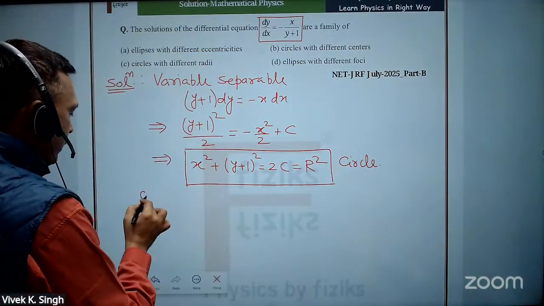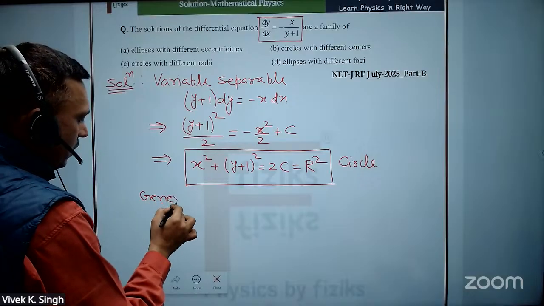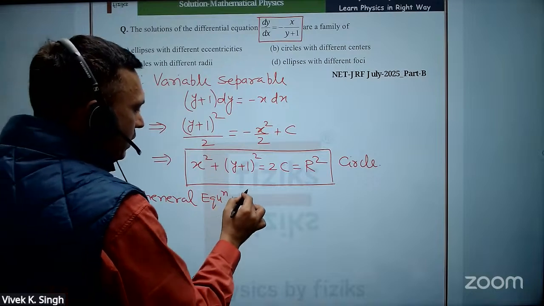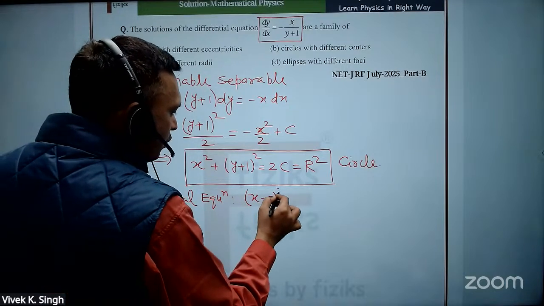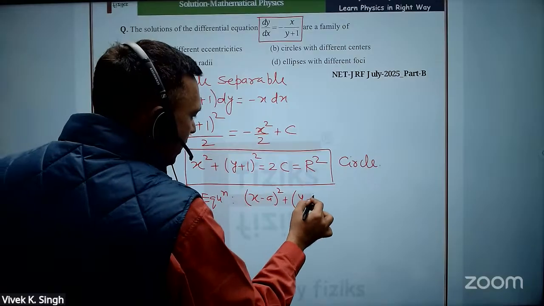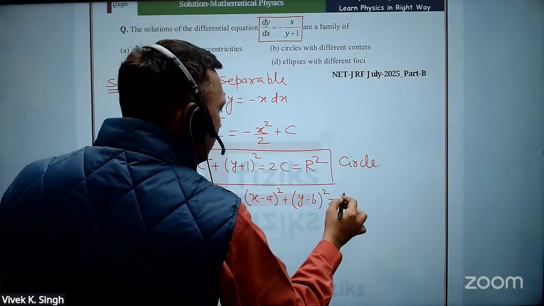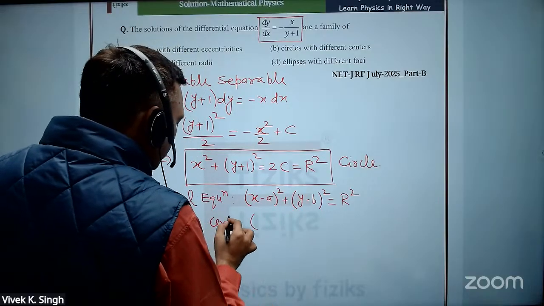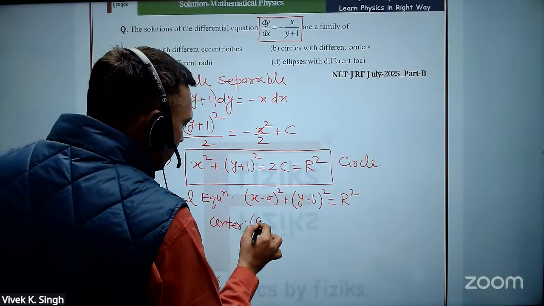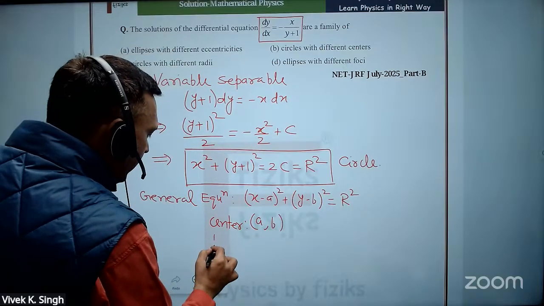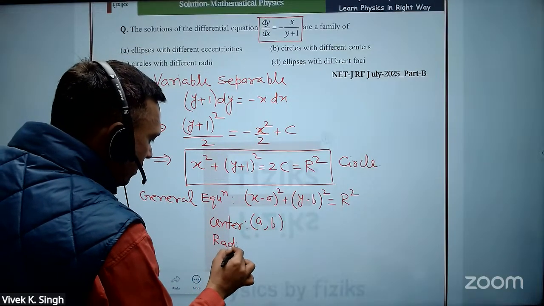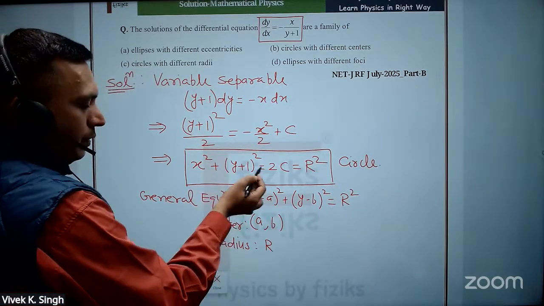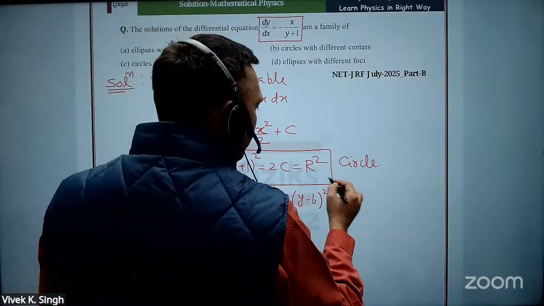So what is the general equation of a circle that you have to compare? You know (x minus a) whole square plus (y minus b) whole square equals r square. So here the center is (a, b) and the radius is r. If you see this particular equation, what will be its center?